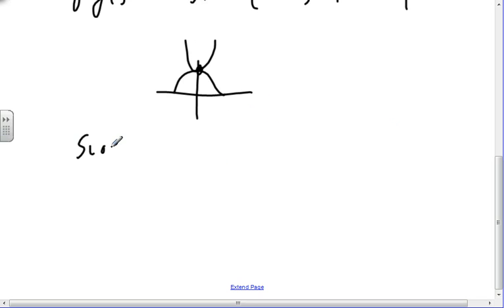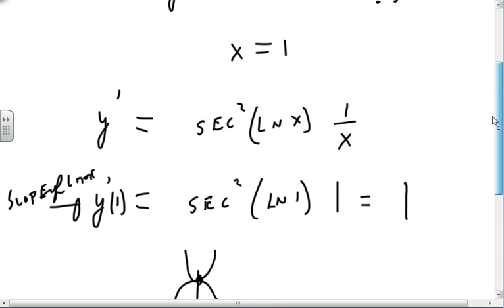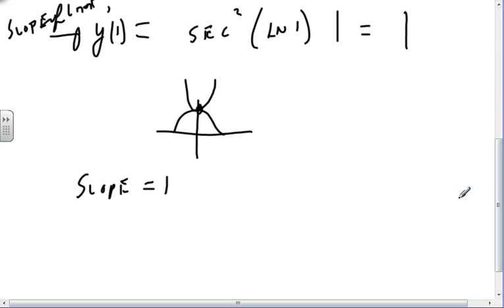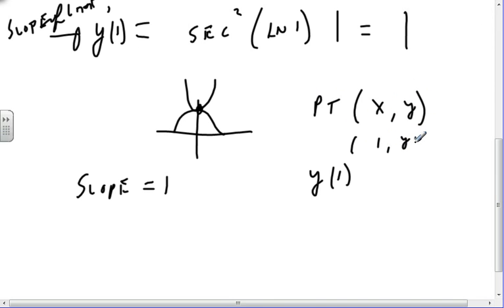Slope equals 1. Now we need to know y at 1, because we need to know the point x, y. And so the point x, y is going to be 1, y of 1.